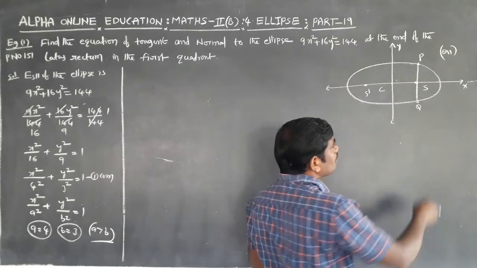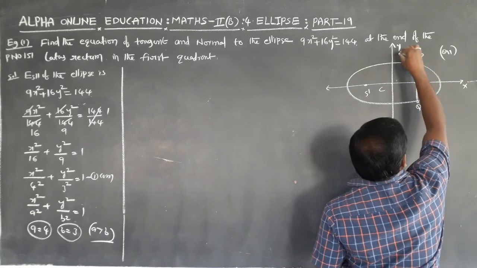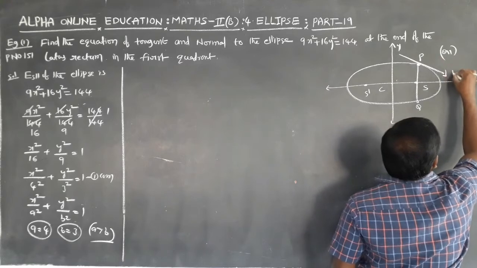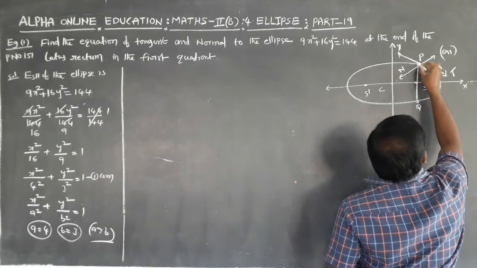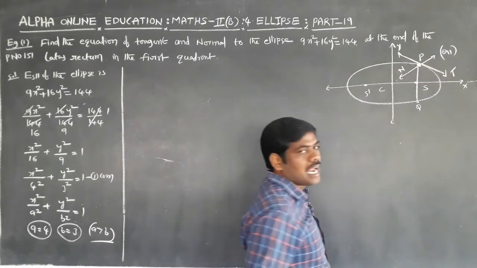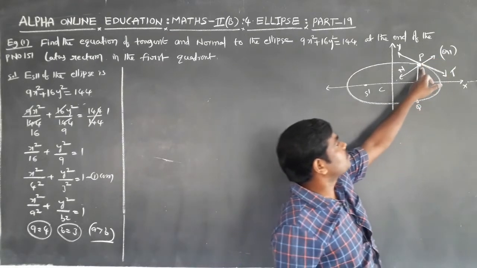So here we find the equation of the tangent and normal to the ellipse at the end of the latus rectum in the first quadrant.